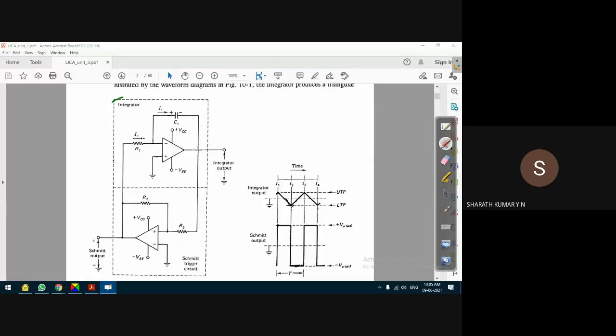Using the integrator and Schmitt trigger circuit, we are able to generate the triangular waveform as well as the rectangular waveform.